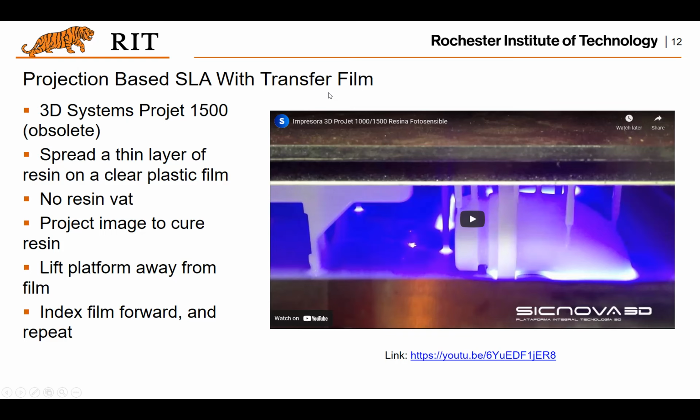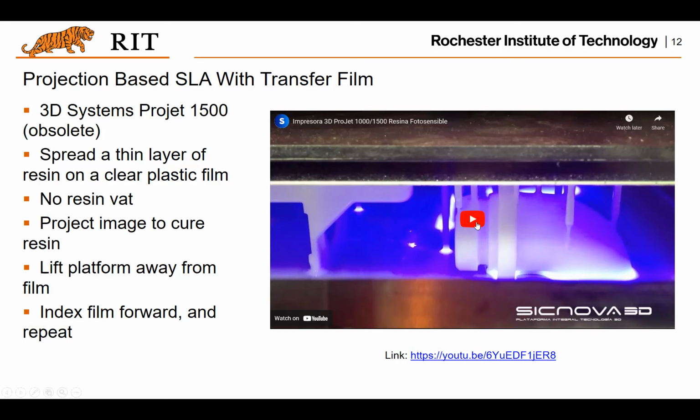There is a transfer film, and when printing each layer, the material is spread thinly on the plastic film, and then the laser will be projected to cure that layer, and then another new material layer will be spread onto it again and again.